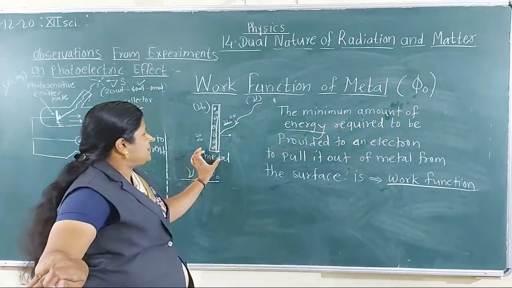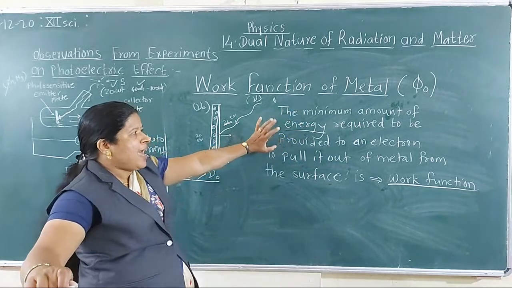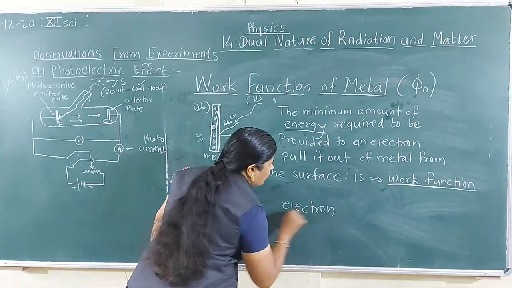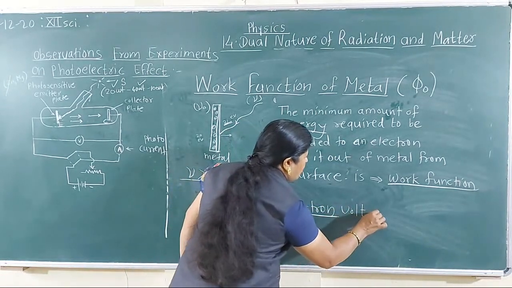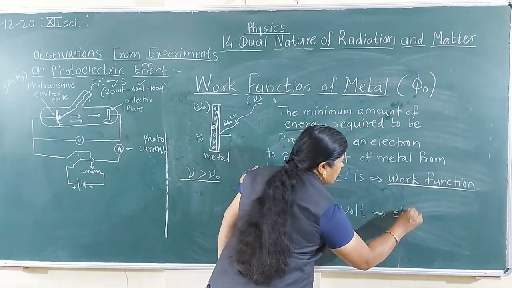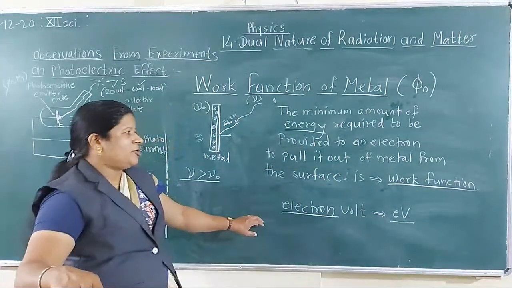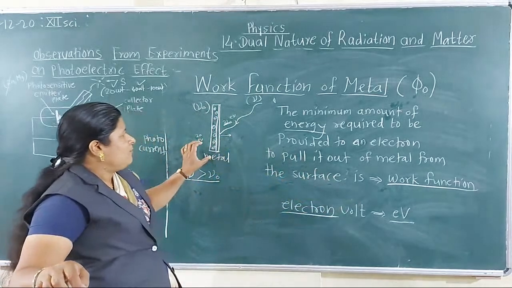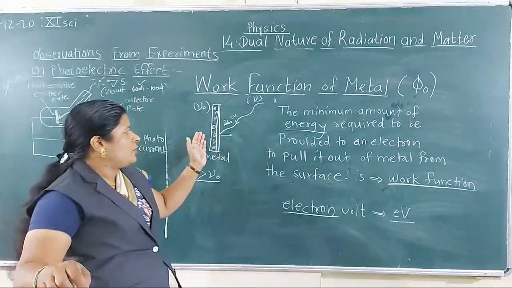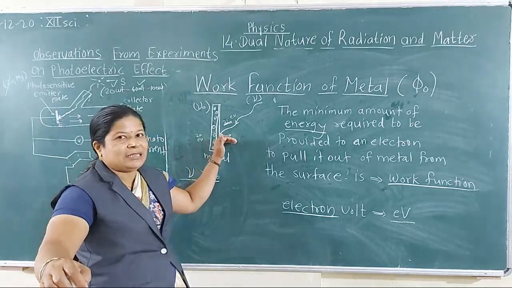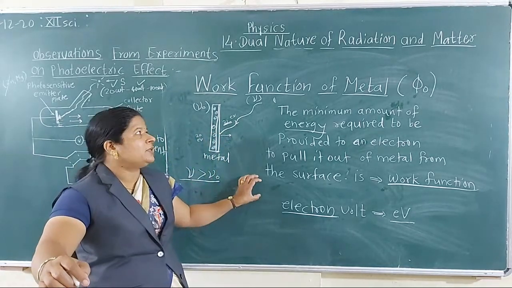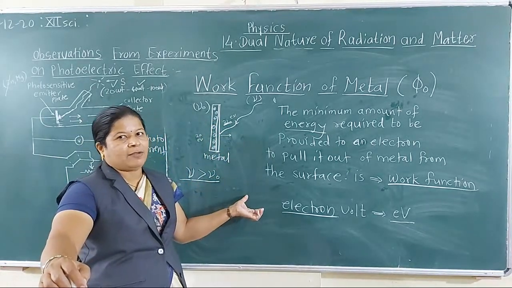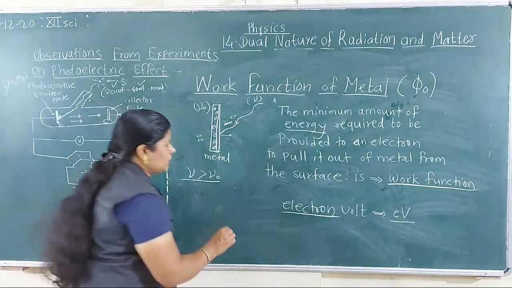Its SI unit is electron volt, symbolically eV. So the minimum amount of energy to eject the electron from the metal surface is called the work function of that metal, and different metals have different work functions. For example, potassium.